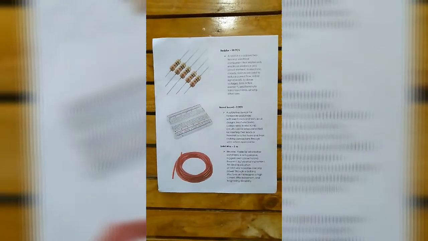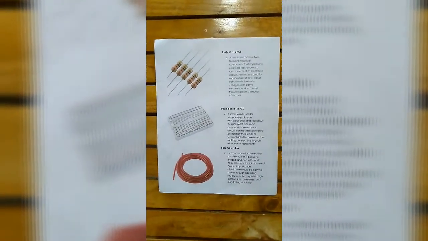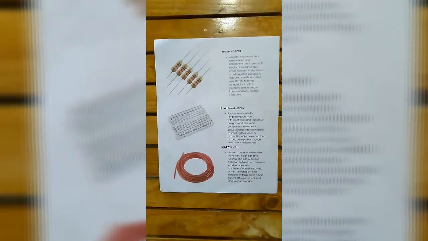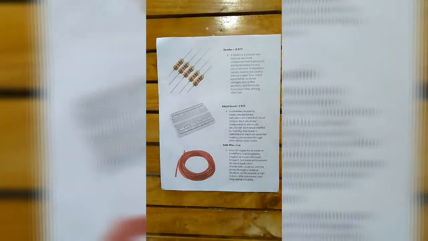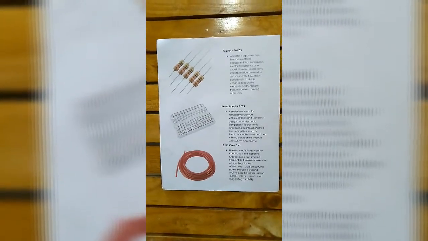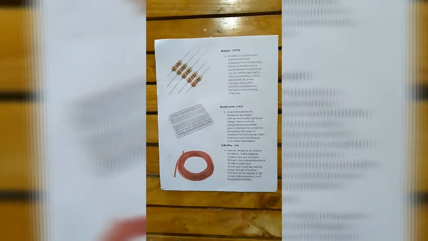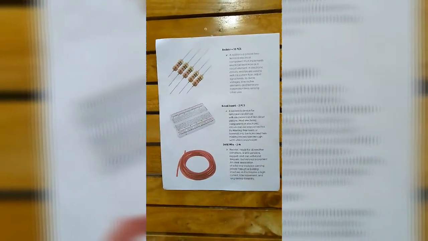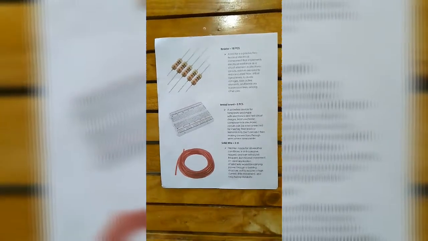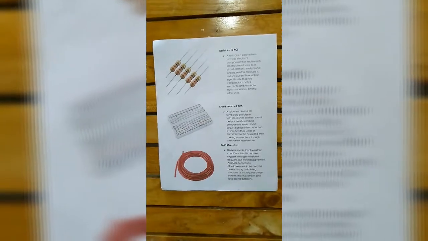We needed 10 pieces of resistor in our two circuits. Then next, the seventh material, breadboard, two pieces. Then the eighth is solid wire, 3 meters. We need 3 meters in the two circuits.